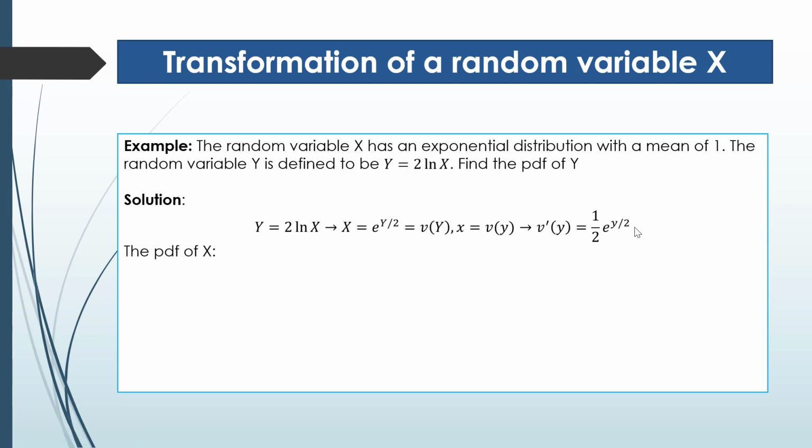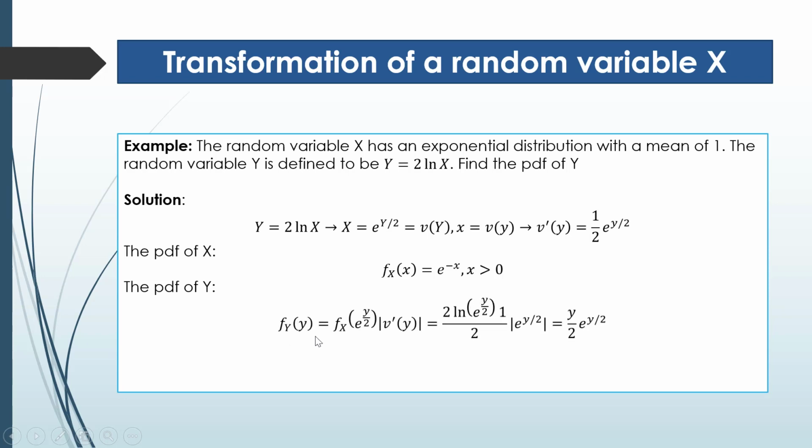The PDF of X, since the random variable X has an exponential distribution with a mean of 1, f(x) is simply e to the negative x, where x is positive. And the PDF of Y, we are going to find using the transformation formula.